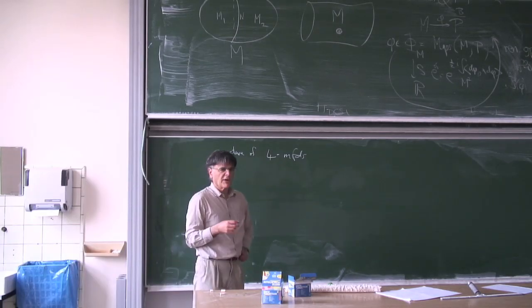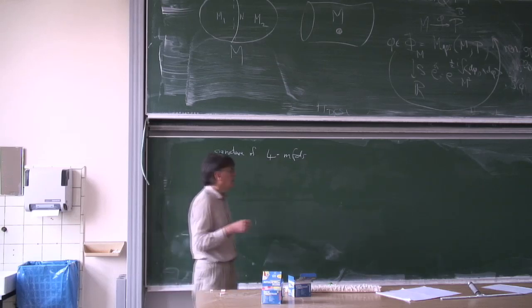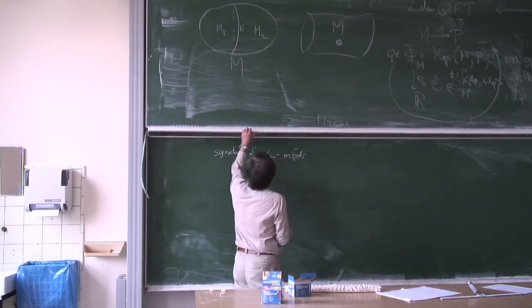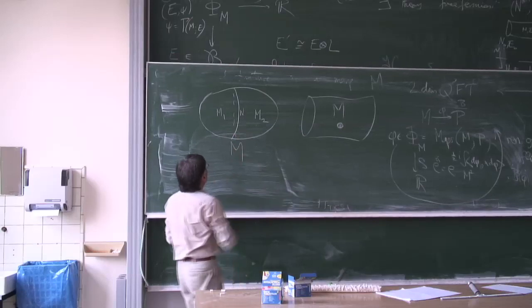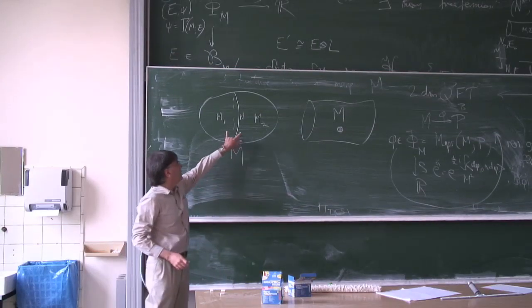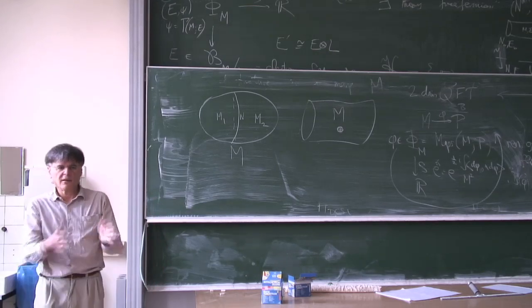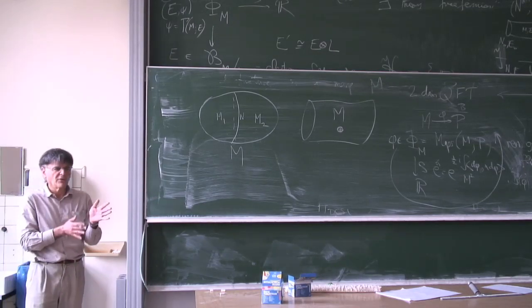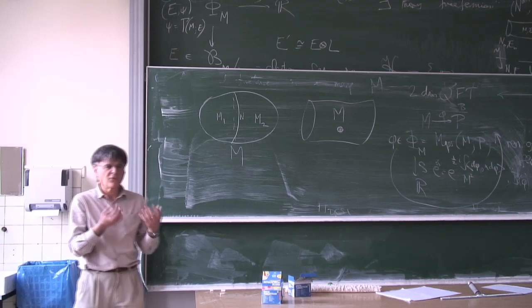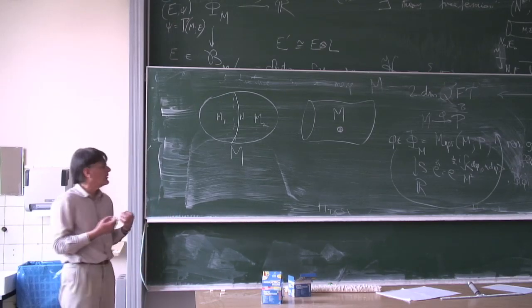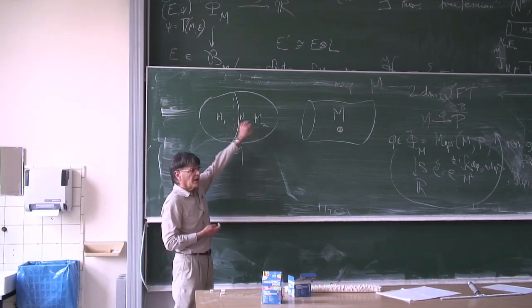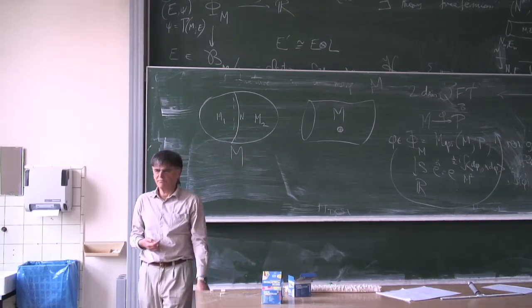Now, Novikov proved a very long time ago that this was additive in the sense that if you cut a four-manifold into two pieces along a three-manifold, then a four-manifold with boundary has a signature. The quadratic form is not non-degenerate, but it still has a signature, and the signature adds.